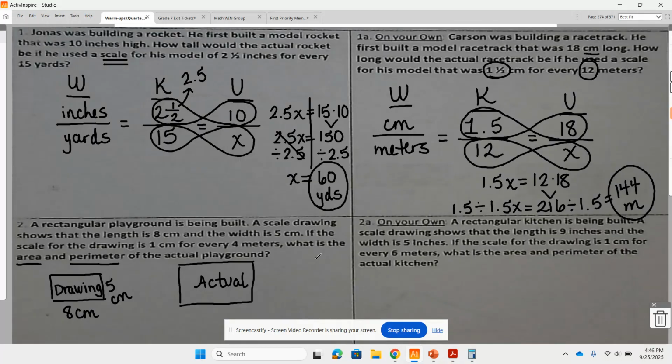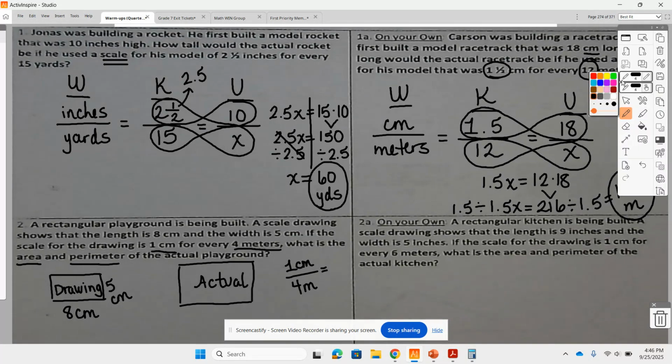Now, I'm going to set up some proportions here, but you're going to see how this one's a little bit easier to utilize scale factor for. Take a look at this scale. 1 centimeter, 1 cm, is equal to 4 meters. So if it's 5 centimeters over here, what number would work?